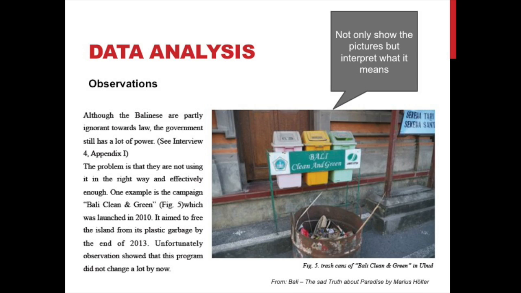Here's another example of a student who shows a photo of one of his observations on Bali. It is not only about showing the picture, but also about making interpretation. What does it mean, what you see in the picture? This is his observation, and he interpreted it as the recycling program not working, as there is a large can in front of the bins where everything is put together.